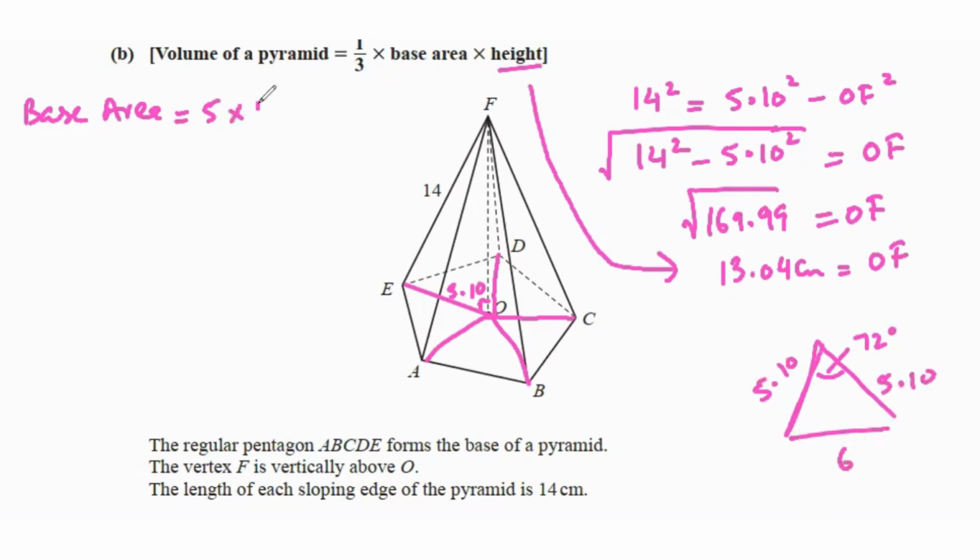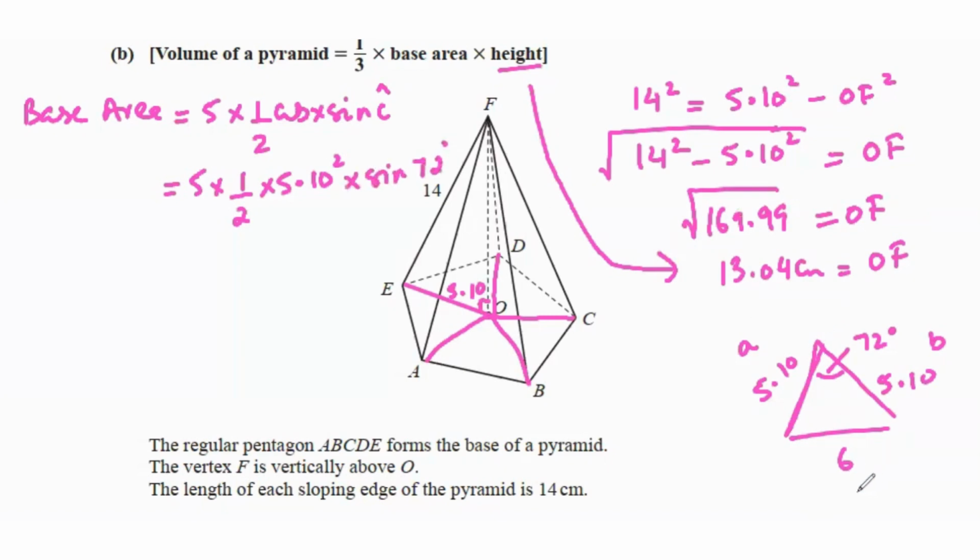So we can use the formula 1 over 2 ab sine of angle C. That's going to be 5 times 1 over 2 times 5.10 squared, because a is 5.10 and b is also 5.10, times sine of 72, because C is this angle. That gives 61.84.